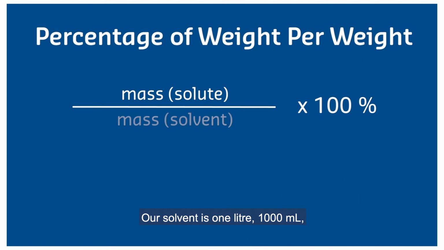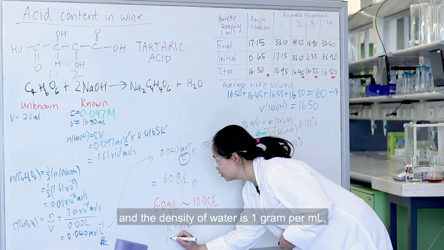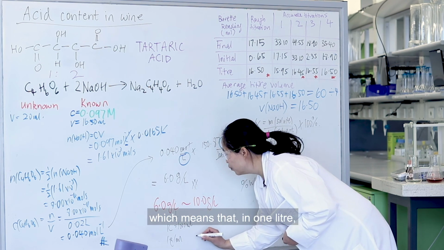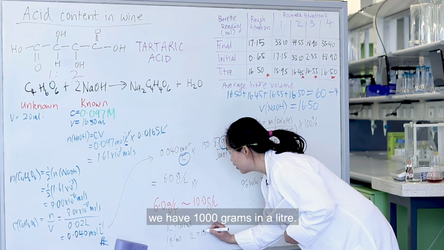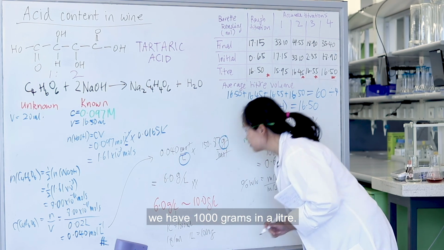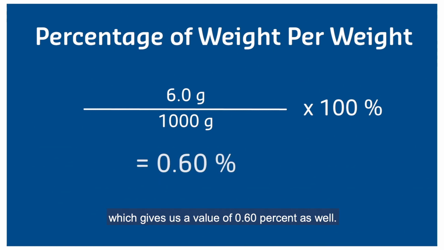Our solvent is 1 litre, 1,000 mL, and the density of water is 1 gram per mL, which means in 1 litre we have 1,000 grams. So we have 6.0 grams over 1,000 grams, which gives us a value of 0.60% as well.